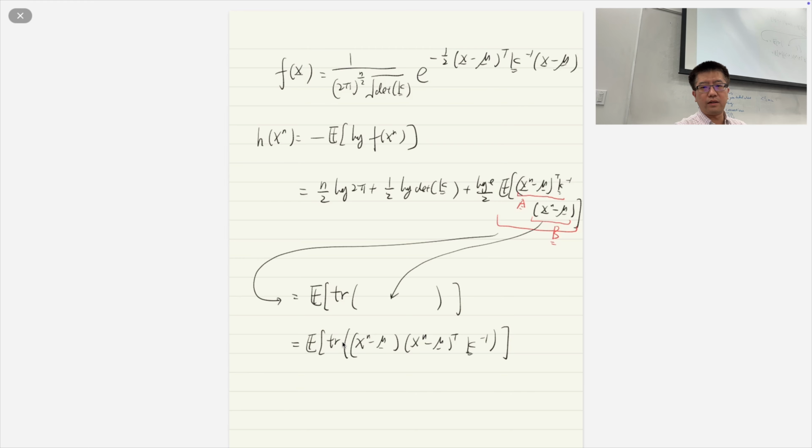So now let's see. You can see here are the random variables, right? And K is not. K is deterministic, right? Then we can put the expectation inside. So now we have the trace of the expectation of this guy, (x_n minus mu)(x_n minus mu)^T, and then times K inverse.